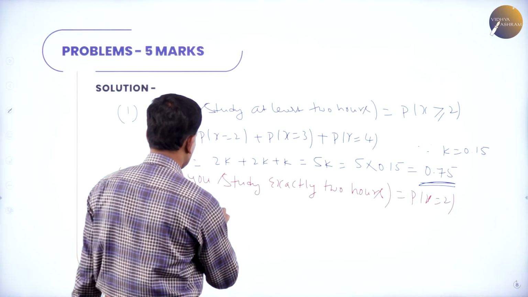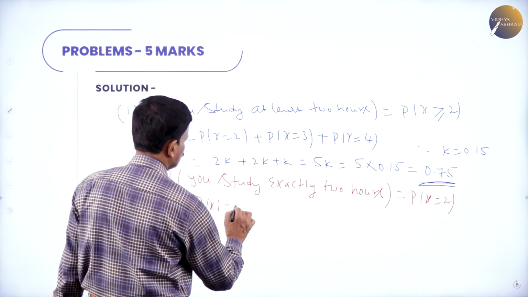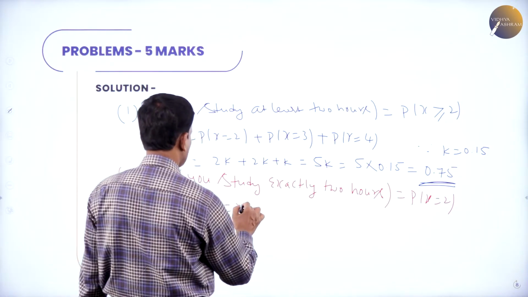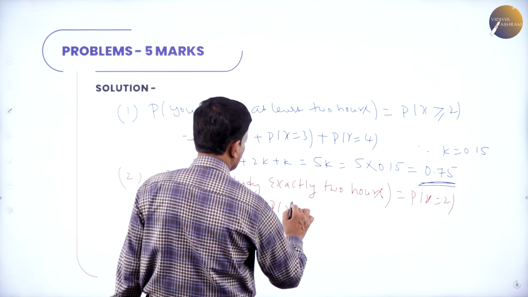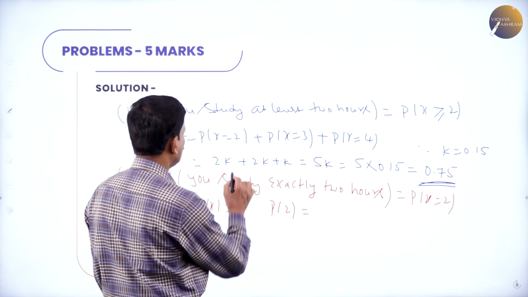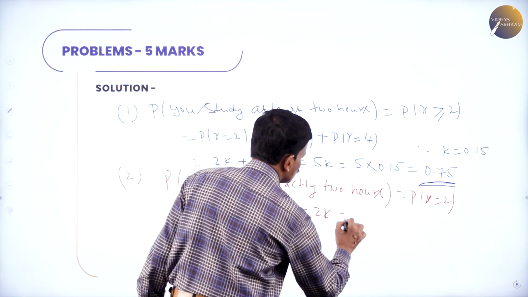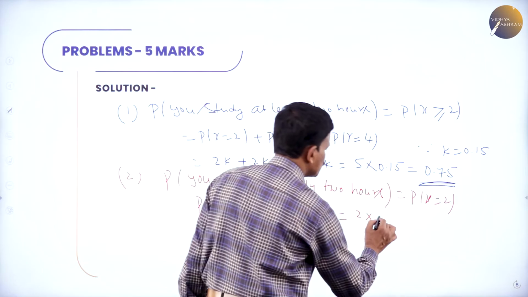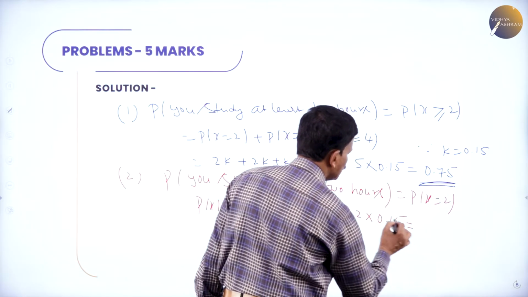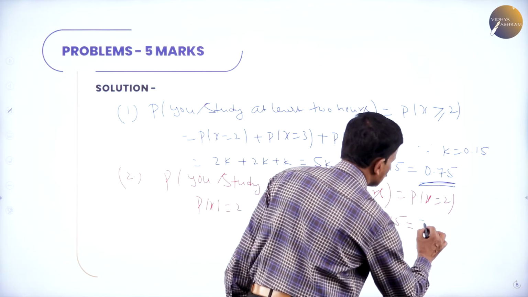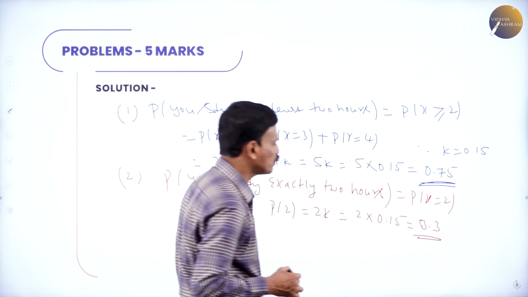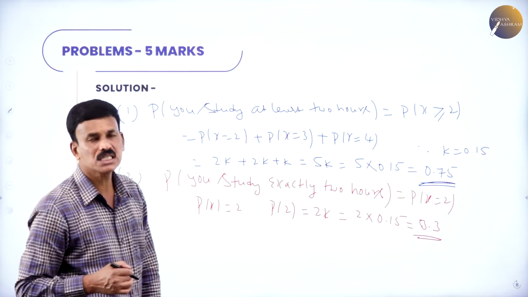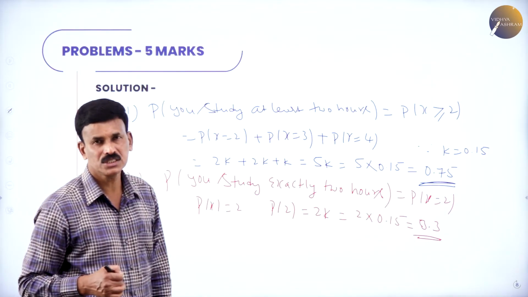What is the probability of 2? We have 2k. This is 2 into 0.15, since k is equal to 0.15, which is nothing but 0.3. The probability that you study exactly 2 hours is 0.3. This is case 2.